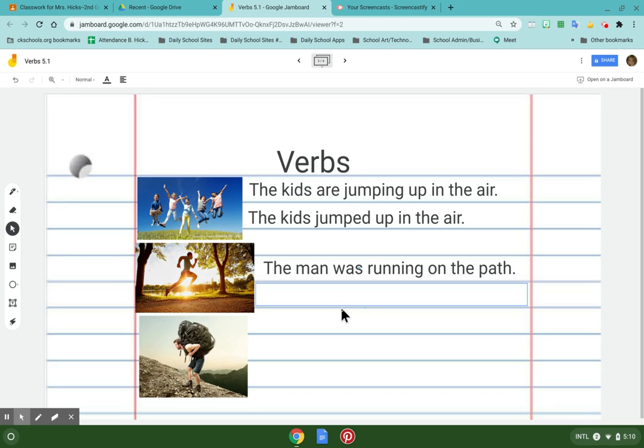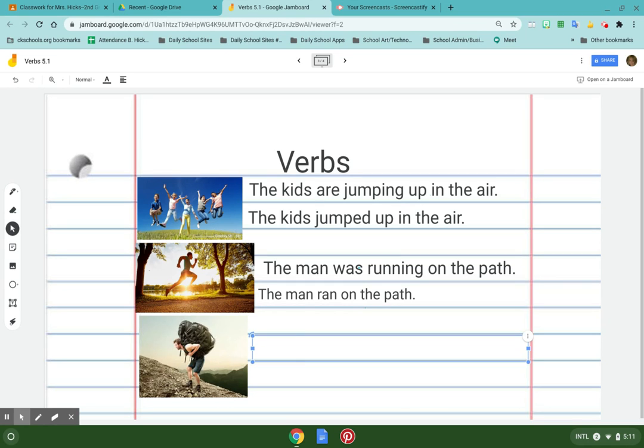The man ran on the path. So there I couldn't add the ed to it. That was a little different. That's called an irregular verb. So I couldn't go the man runned on the path. So be careful with the ed because it doesn't always apply where you can add it like that.